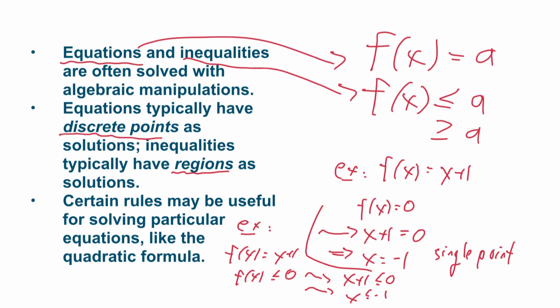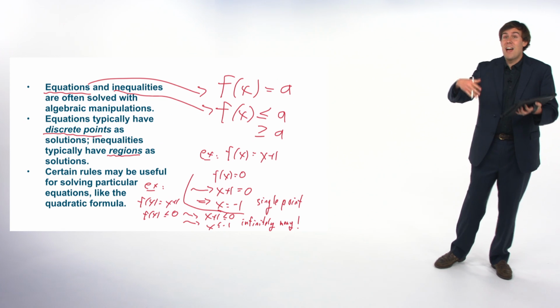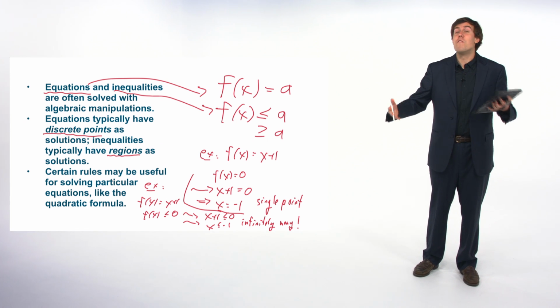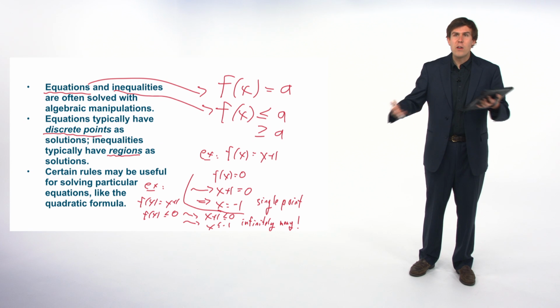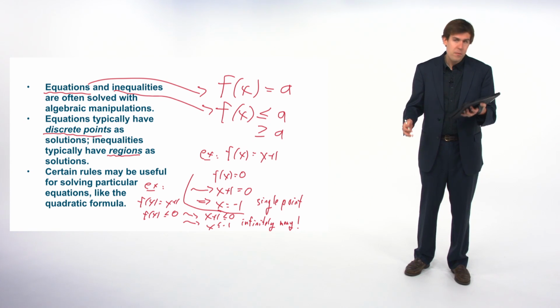So now I don't get a single point, I get infinitely many points. Minus 1 will work, so will minus 2, so will minus 3, and so on. So this is very different structurally. Equations typically have a discrete set of points as solutions. Inequalities typically have infinitely many points as solutions, and they correspond to a region of the real line, for example.